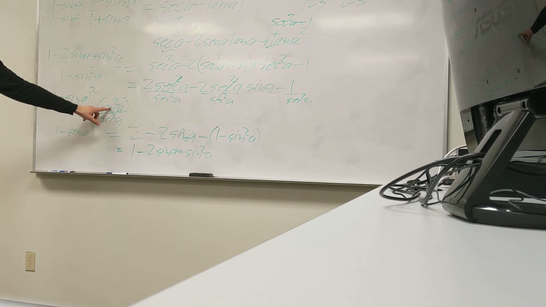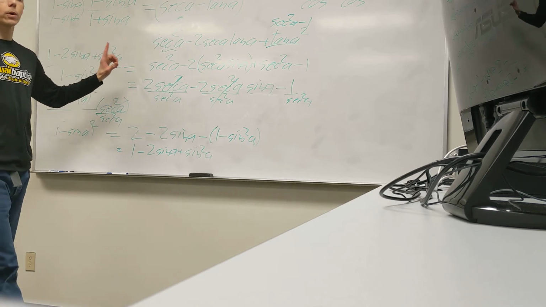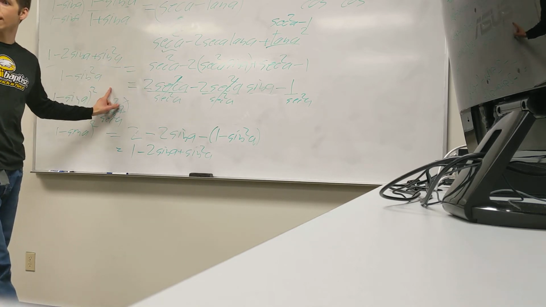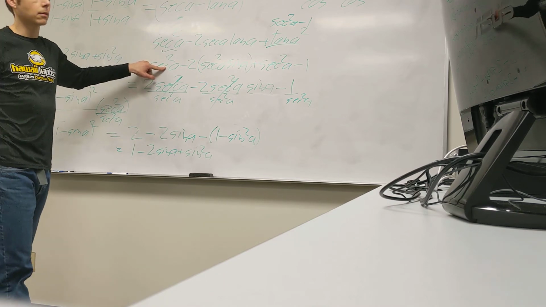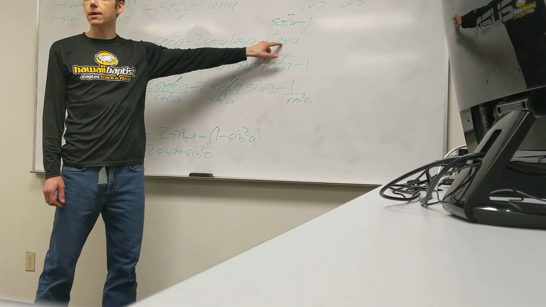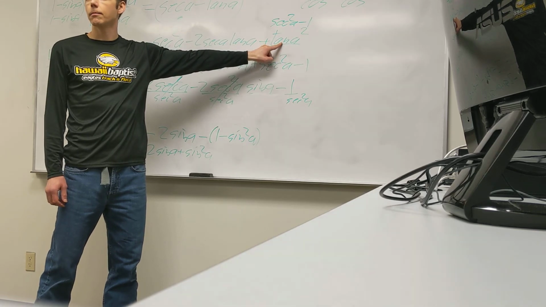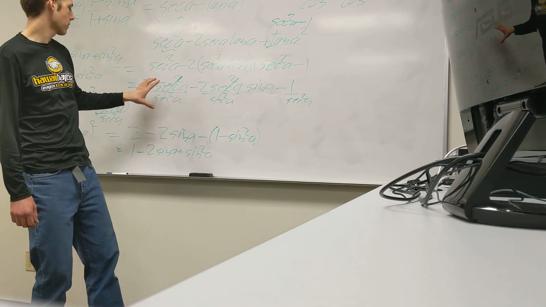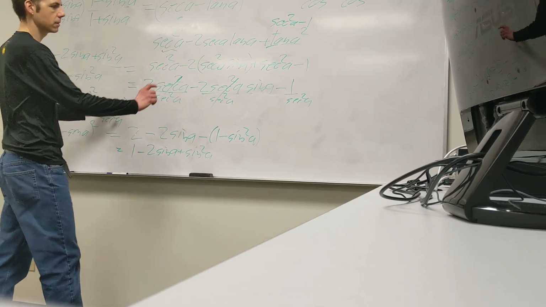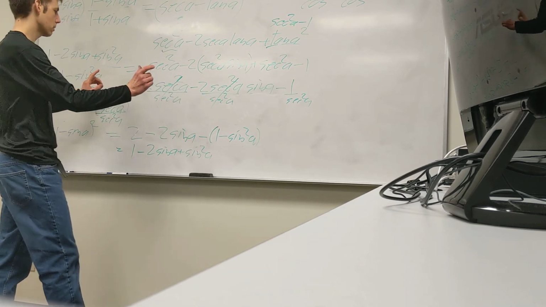So I turn that into a secant squared on the left, and then I go on the right and say if I have secant squared on the left, I would like to get secant squared on the right, right? But I have tangent squared, so I'm going to get this into secant squared, okay? And so I did that. I simplified. I got secant squared on the left, secant squared on the right.